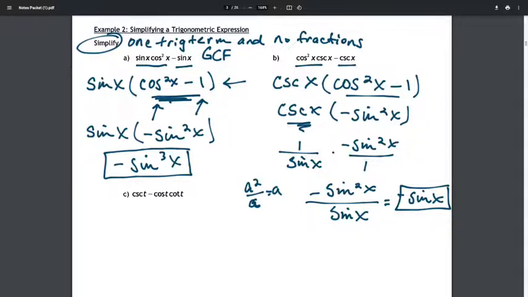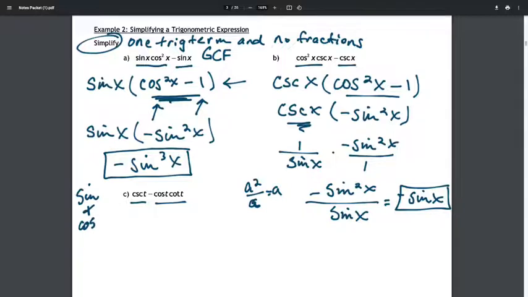All right, on letter C, we have two terms right here, but they don't have a greatest common factor. So we're not going to be able to work this one quite the same way. If you have a situation like this, it may be helpful to change everything to what it is in terms of sine and cosine.